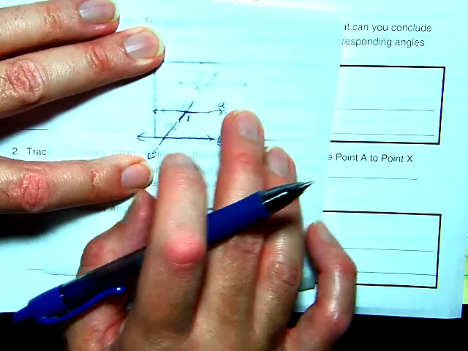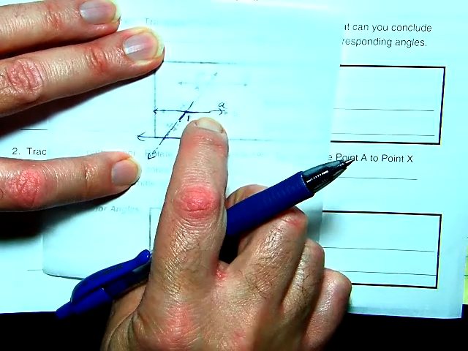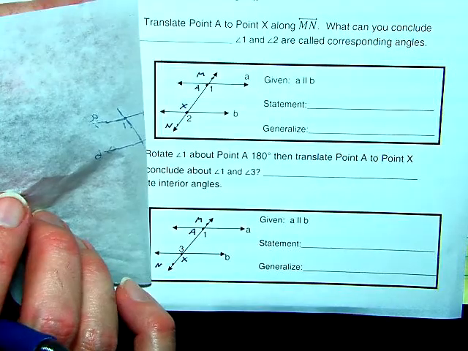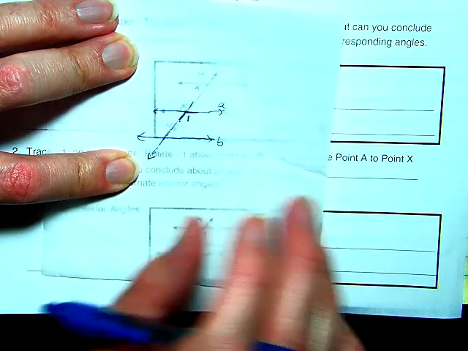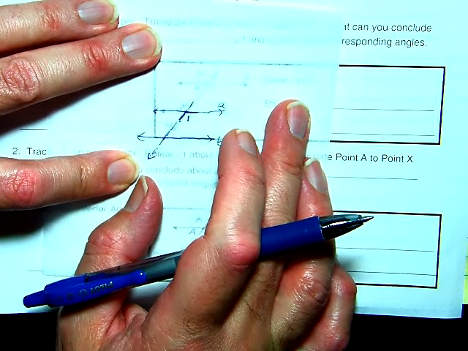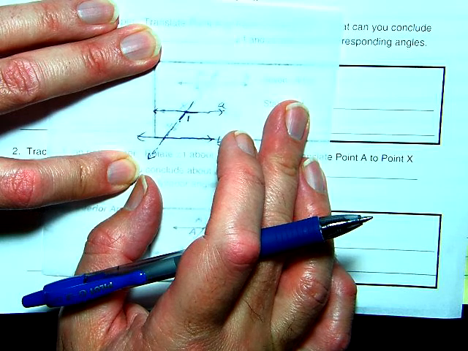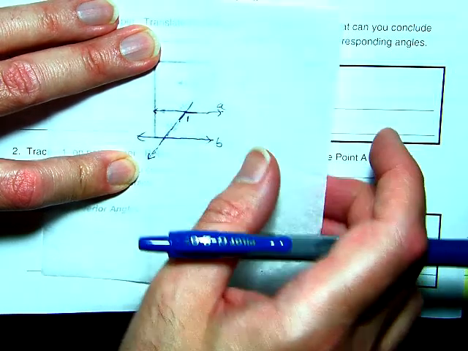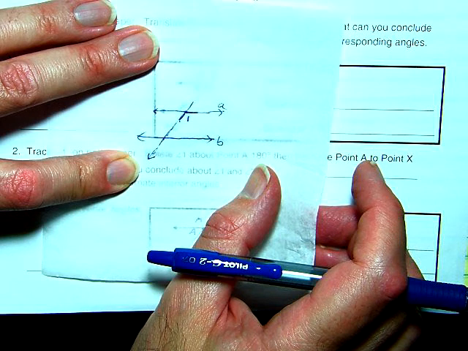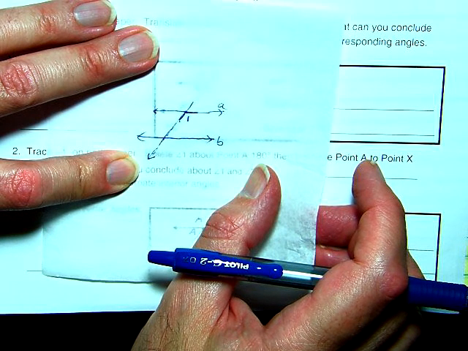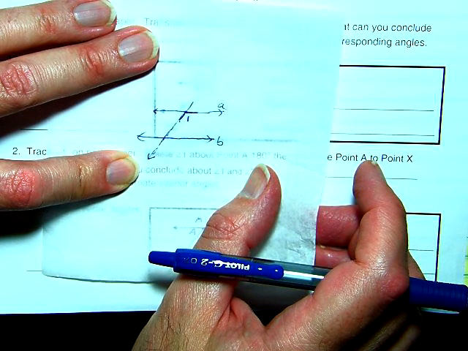We'll take a look at them. Angle 1 and angle 2 look like they're lying right on top of each other. In fact, they look congruent, don't they? If you look at them through patty paper, you'll see that they seem to be lying right on top of each other. So corresponding angles are congruent when a transversal intersects parallel lines.